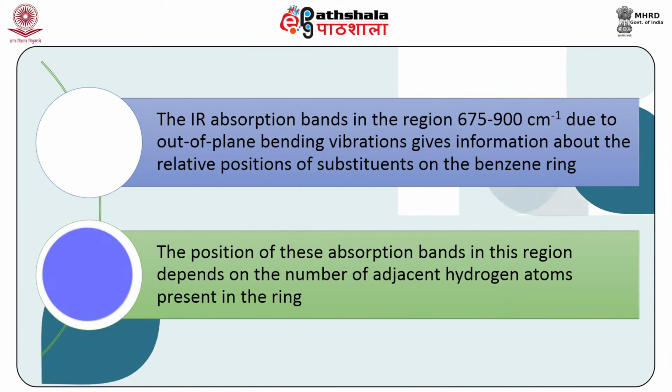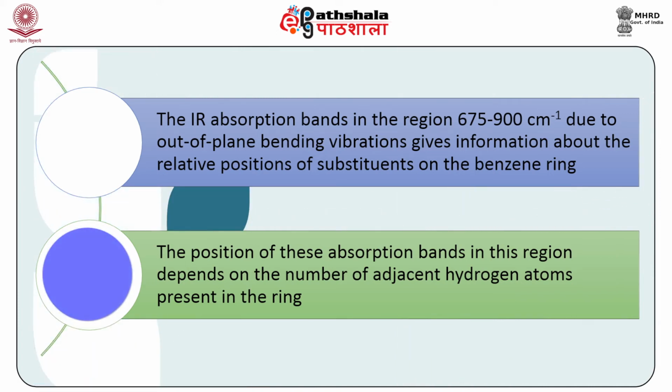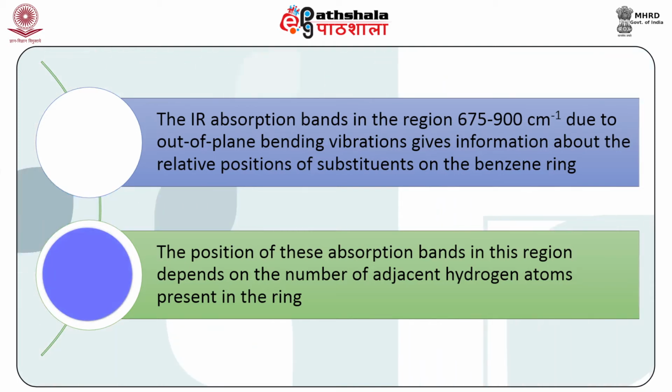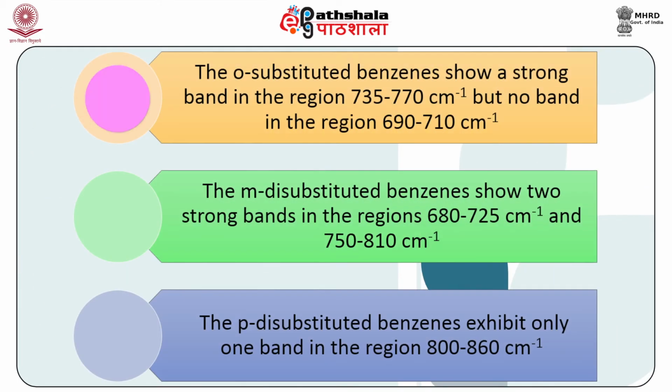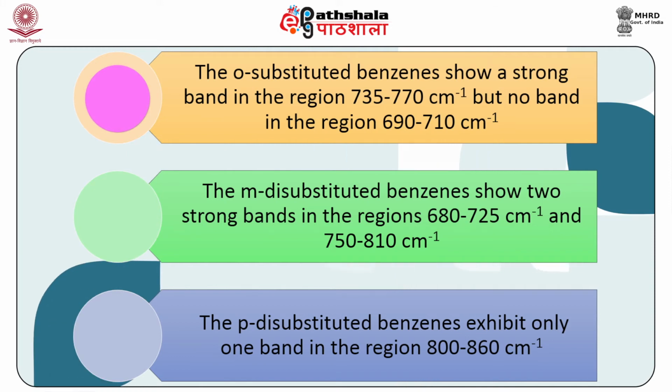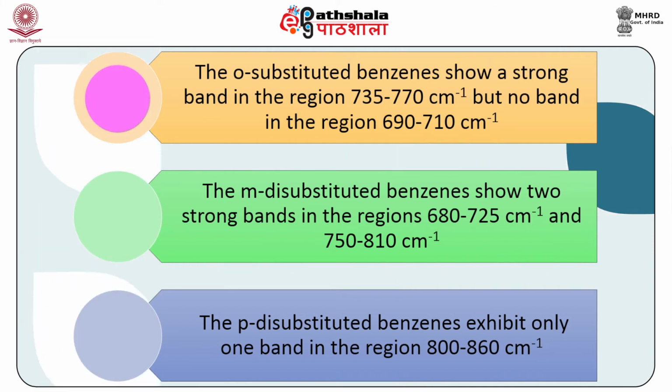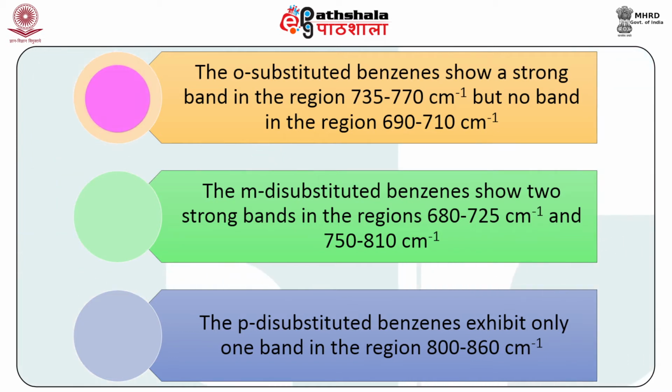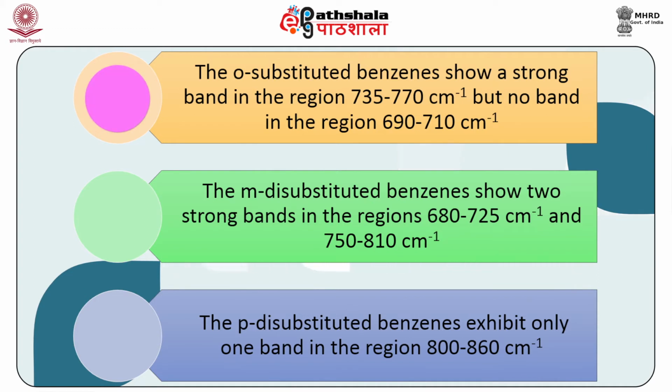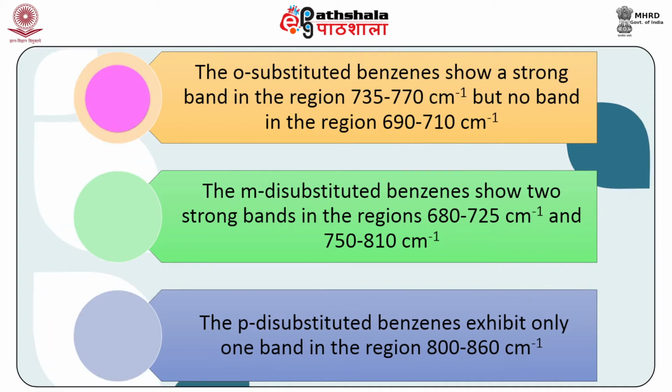The position of these absorption bands depends upon the number of adjacent hydrogen atoms present in the ring. The ortho-substituted benzenes show a strong band in the region of 735 to 770 cm⁻¹, but no band is present in the region of 690 to 710 cm⁻¹.